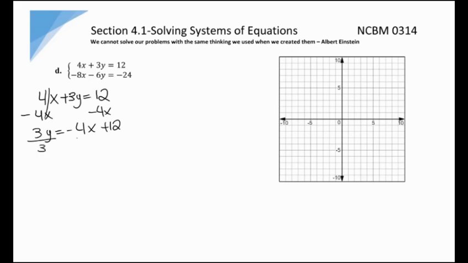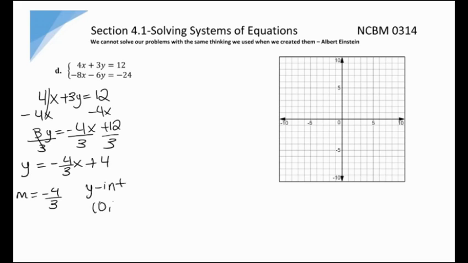Divide everything by 3. So y equals negative 4 over 3x plus 4. So my slope is negative 4 over 3. And my y-intercept is 0, comma 4.